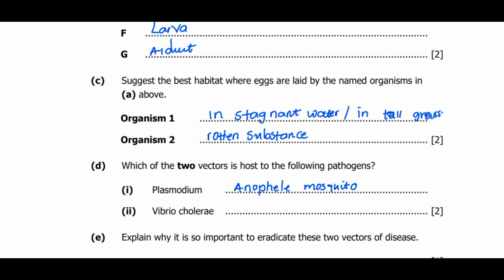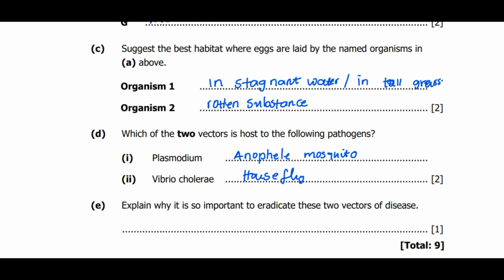Then for Vibrio cholerae, we have housefly. Sometimes you may encounter a question like, what is the pathogen for cholera? This is the answer, Vibrio cholerae.